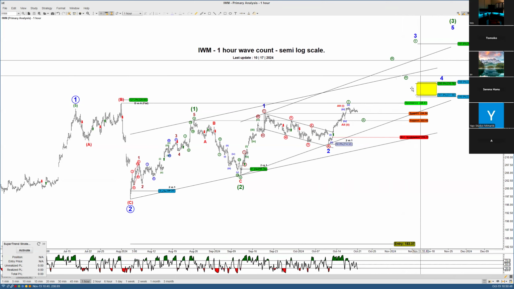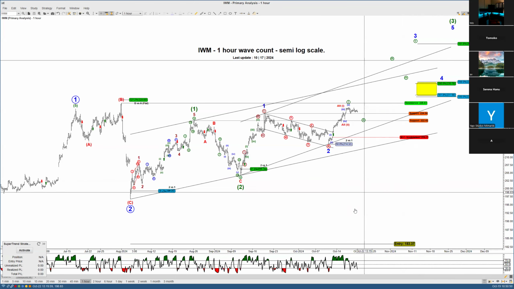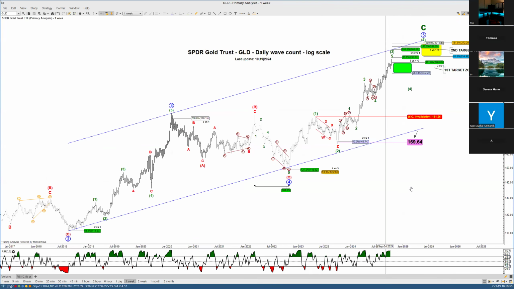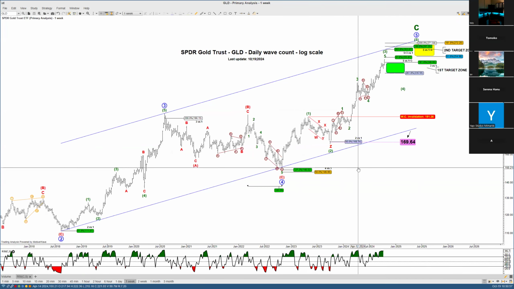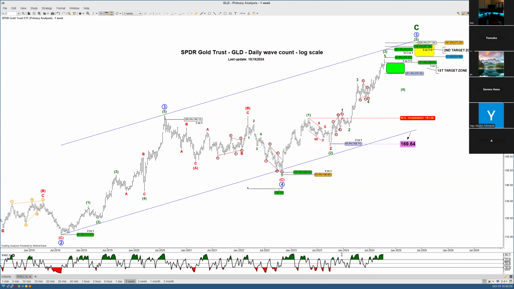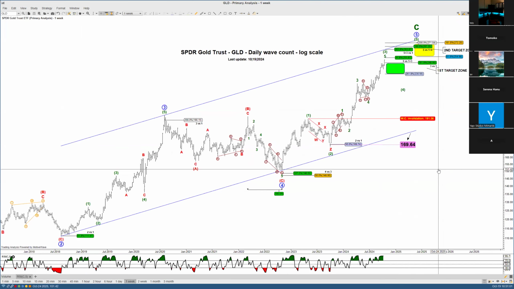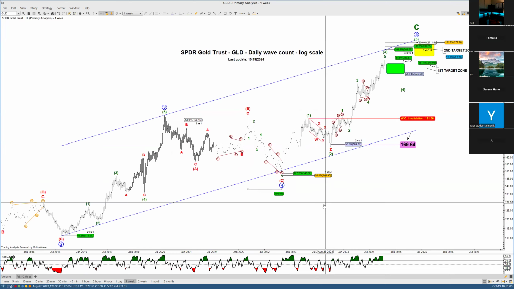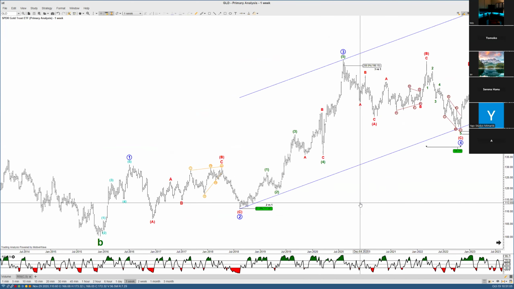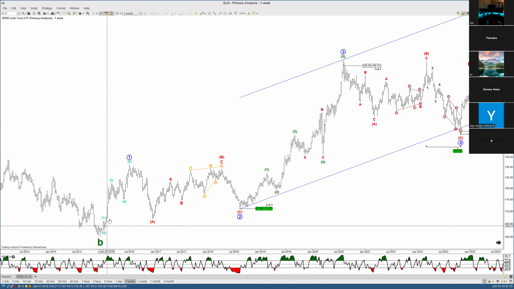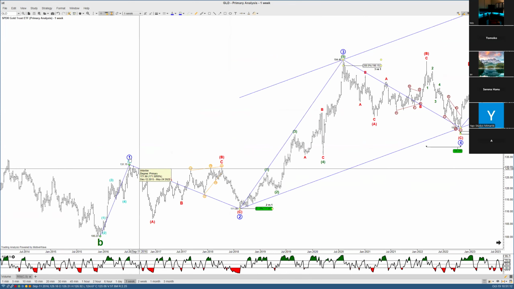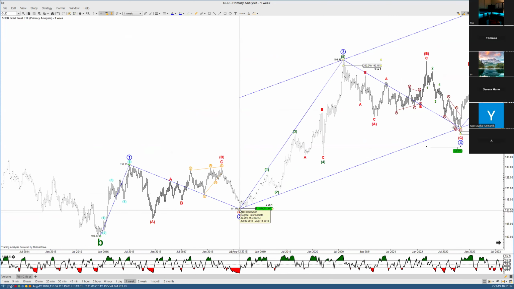So IWM is good. Stay long. GLD. Look at the gold. Look at this wave 1, wave 2.